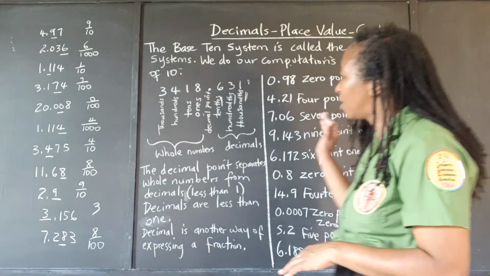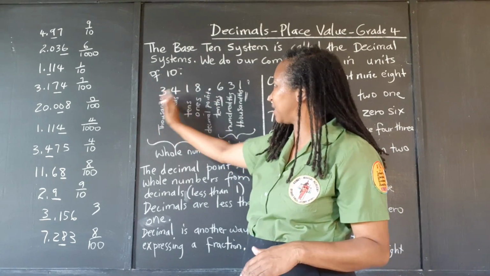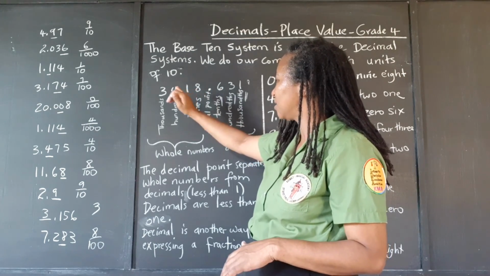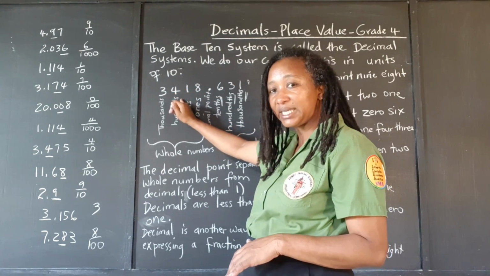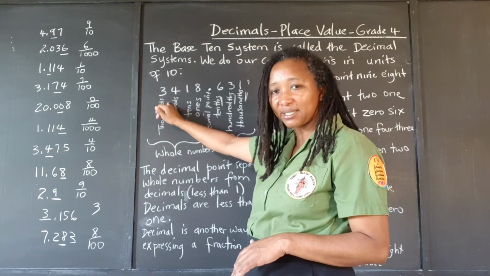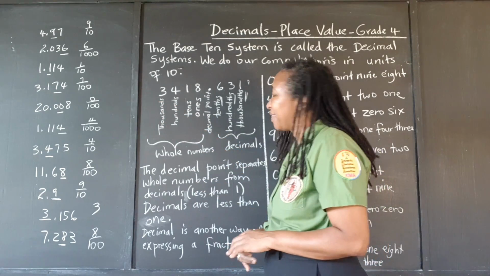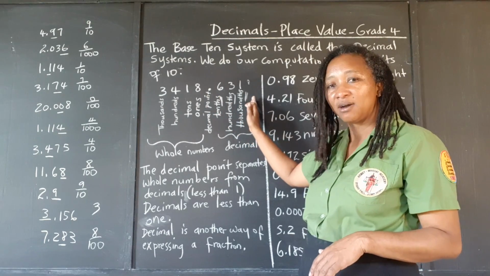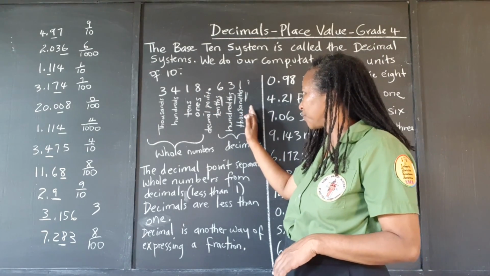Right? So the whole numbers are to the left of the decimal point. Ones, tens, hundreds, thousands. And the decimal part of the number is to the right of the decimal point.